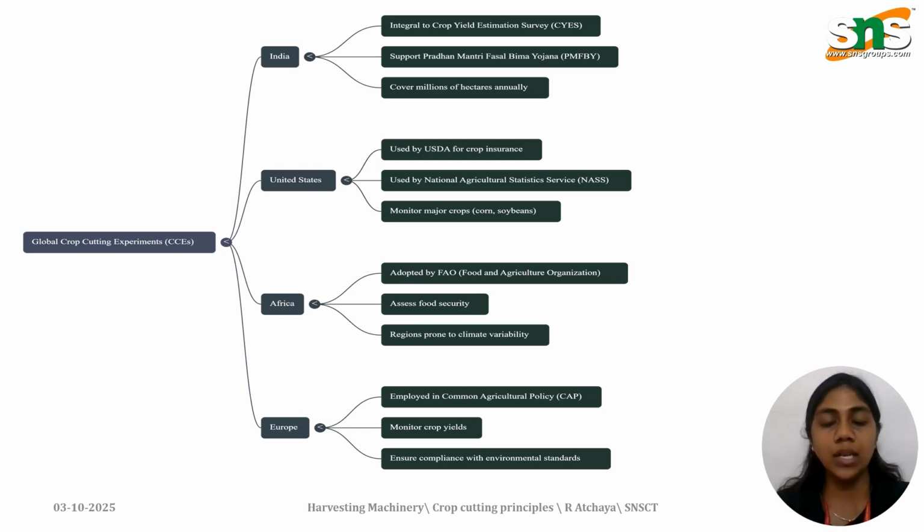Then, in the Pradhan Mantri Fasal Bima Yojana, which is the crop insurance scheme, it assesses the losses, with a pilot scheme in 2018 to 2019 integrating satellites to reduce the experiments by 60% while maintaining the accuracy.